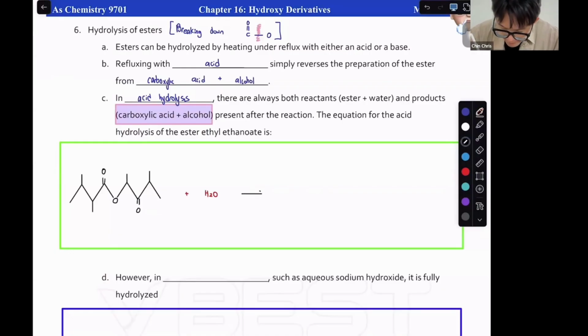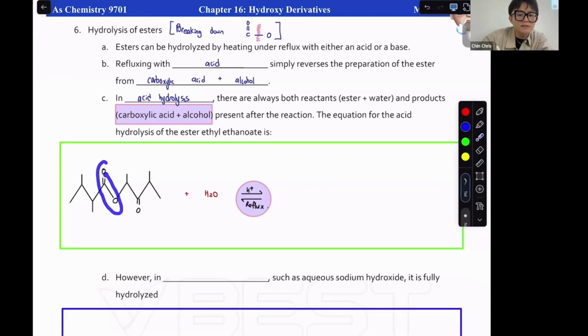Go. So, guys, in acid hydrolysis, the reaction is always reversible. Okay, guys, try to break it down. So always remember, when you are breaking down your ester, you are breaking a C double bond O, O. So this is where we are breaking. You see your C double bond O, O? That's your ester linkage. We are trying to dismantle this part. Okay, go.